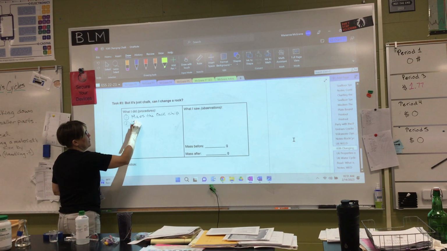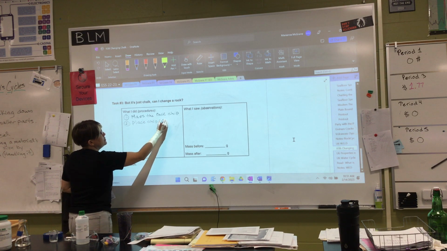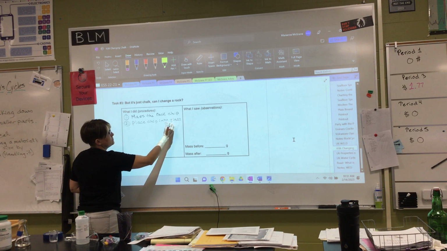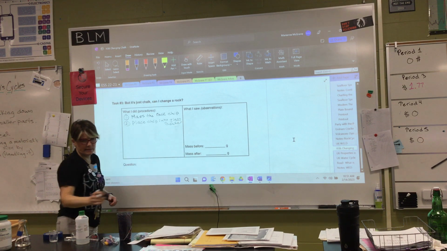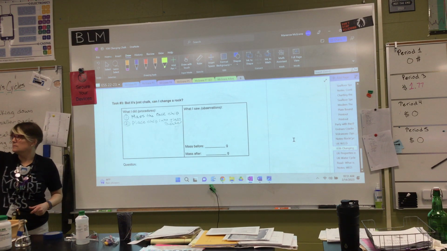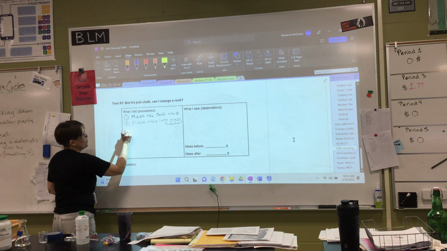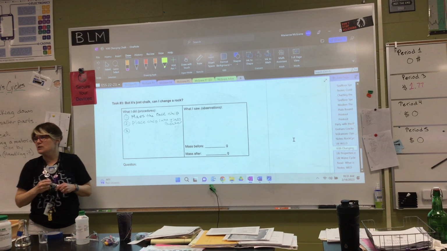Number 2, place the chip into a glass beaker. The beakers are these small things that look like this. This is a beaker. It's just a small one. Number 3, what should we do if we want to actually change this rock?